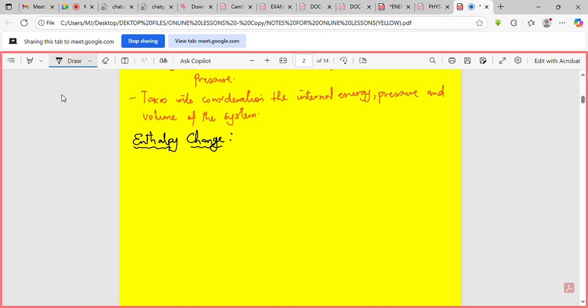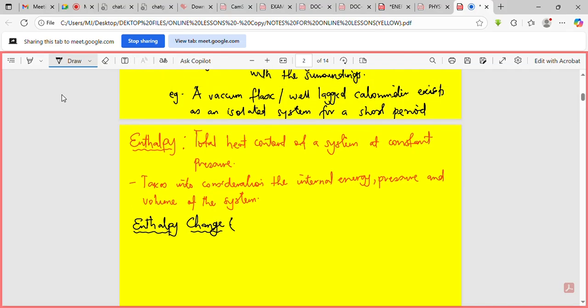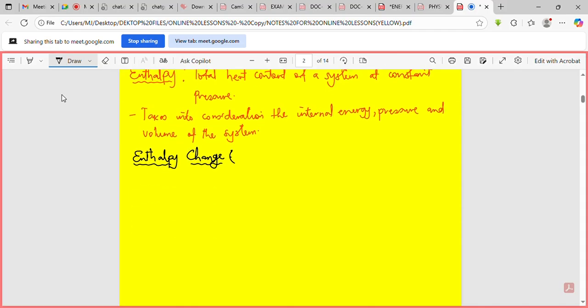Now we now know what enthalpy is. What then is enthalpy change? Oftentimes, the symbol of enthalpy is H. So let me put that here. The symbol is an H. And in enthalpy change, we see delta H. We know that delta means change in something. So enthalpy change.